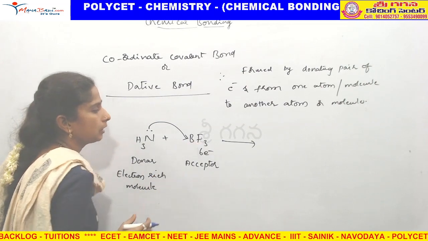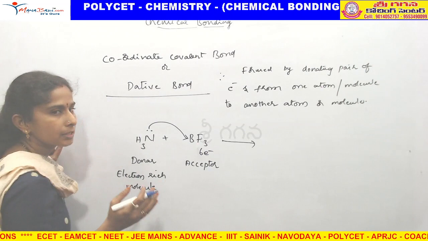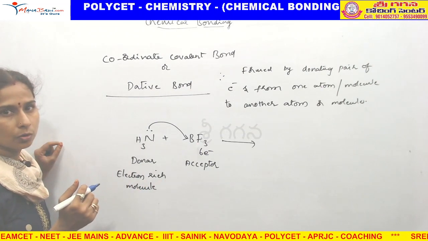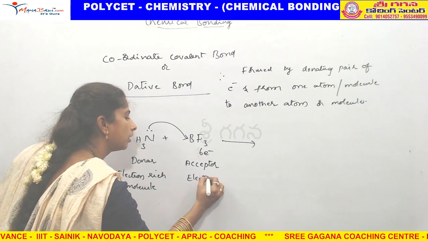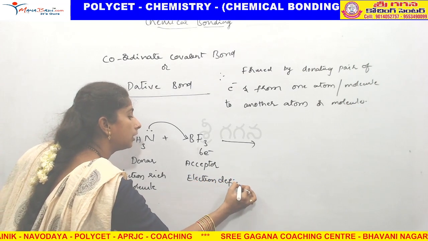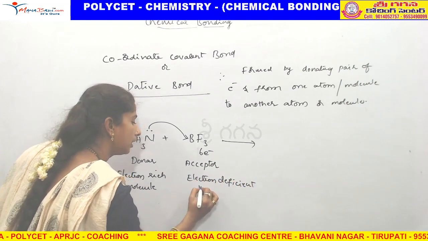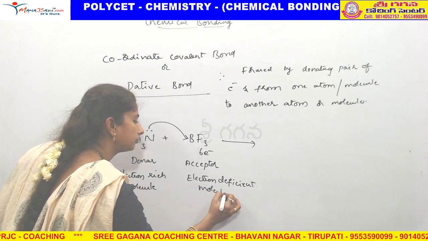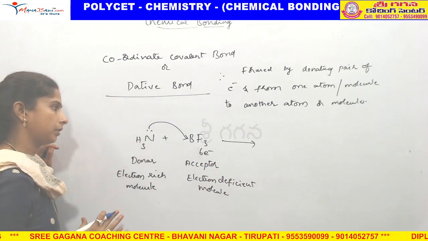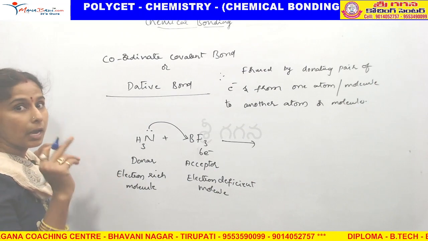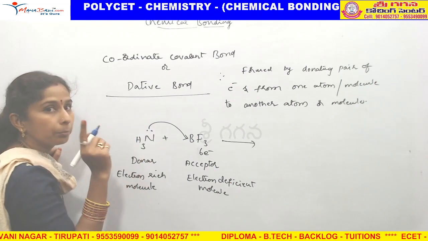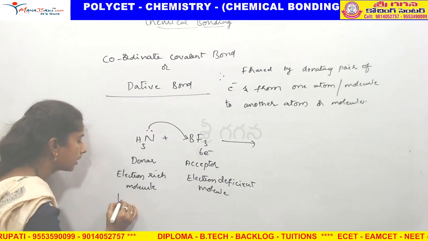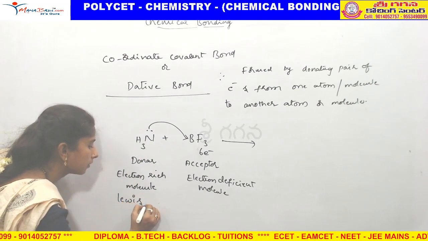And this one, to accept, should have fewer electrons, no? So it is called an electron deficient molecule. We already discussed this one. And come to the acid base. Do you remember or not? Those who donate the pair of electrons are called a Lewis base.